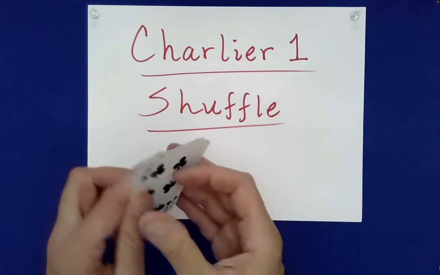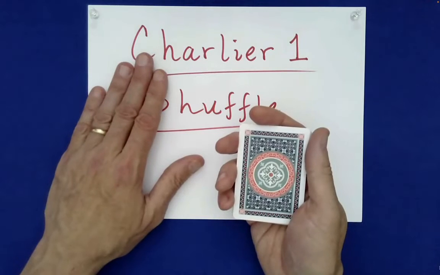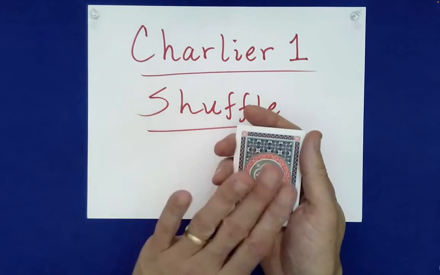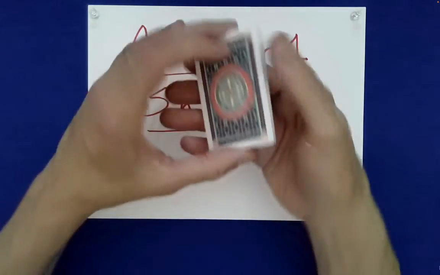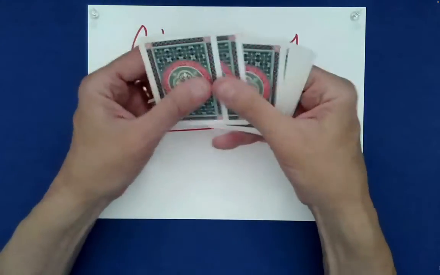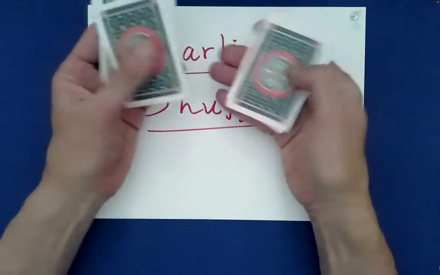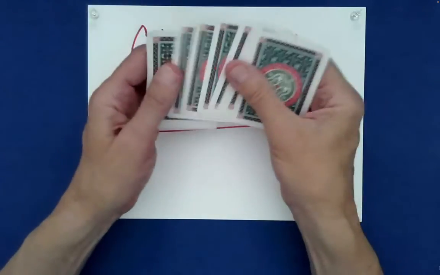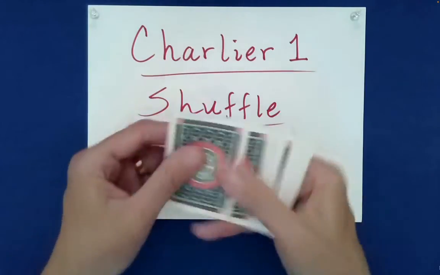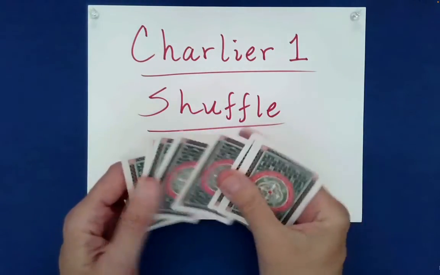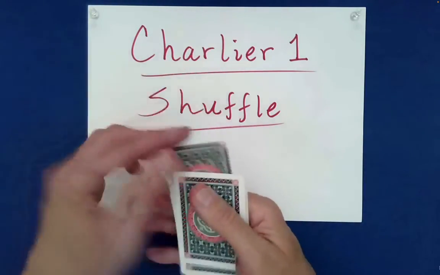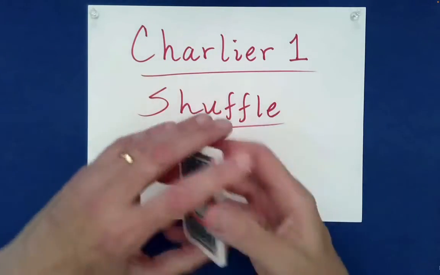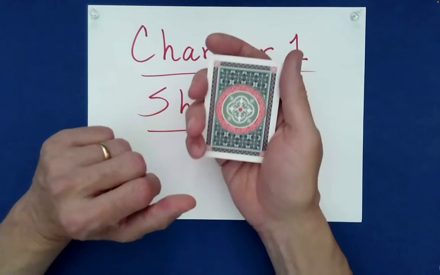Okay. Well, let me go ahead and just contrast this Charlier 1 with the general Charlier shuffle. Since this is cyclic, I've claimed that a general Charlier will not destroy the cyclic nature of the packet. And that's true, actually. Why is that? Because cutting the packet, unless you drop the cards, will not destroy the cyclic organization of the cards.